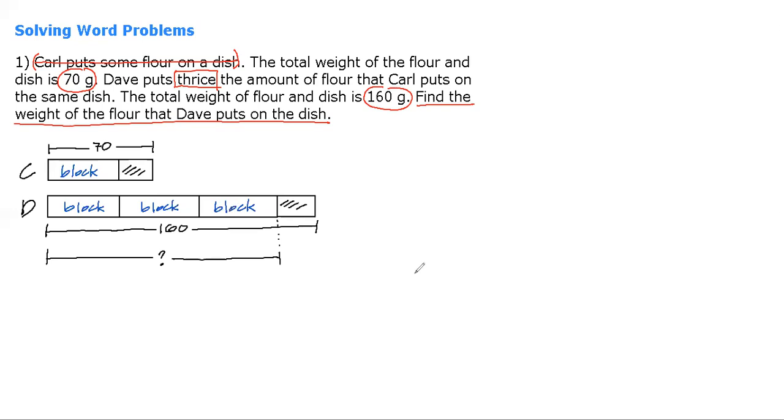But if you already have the answer or you really need the help, let's find out. The amount of flour and the dish is 70, which is also the same thing as on this part. That is one of my clues. Once more, please pause the video for a while to find the answer.